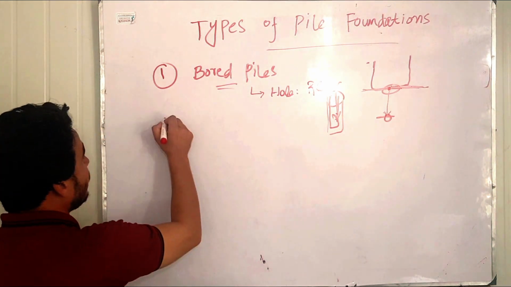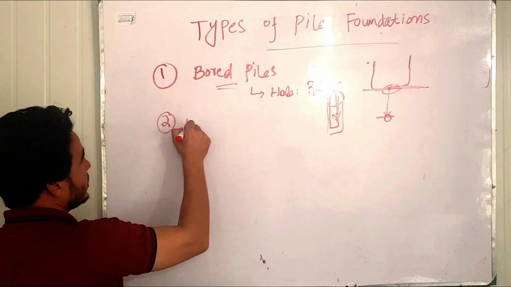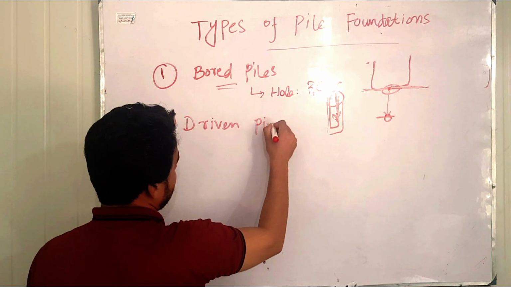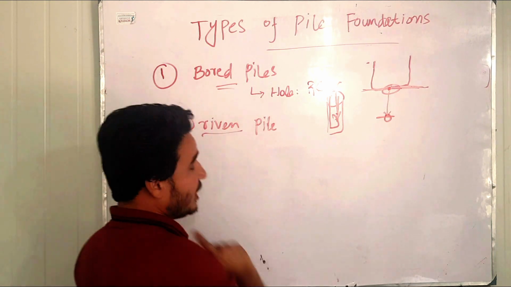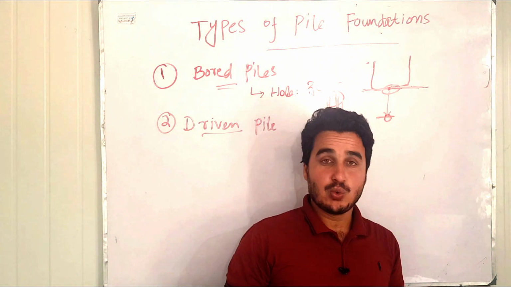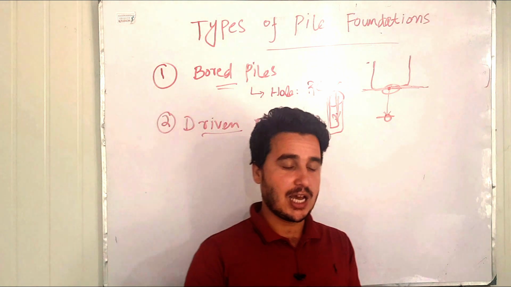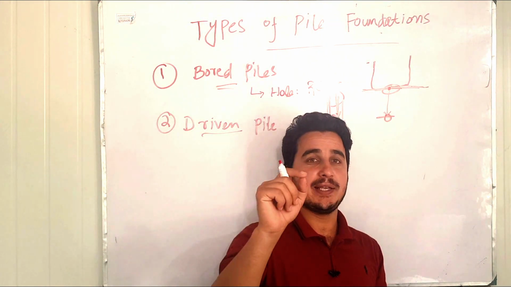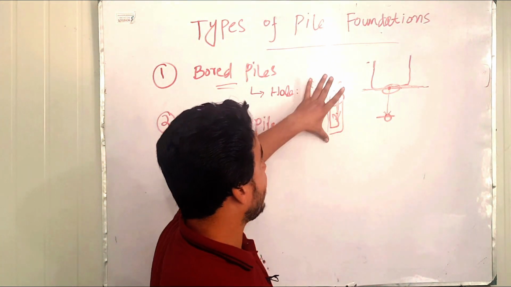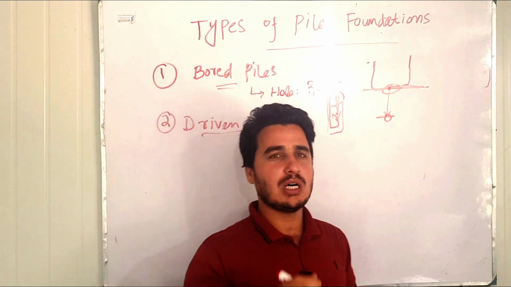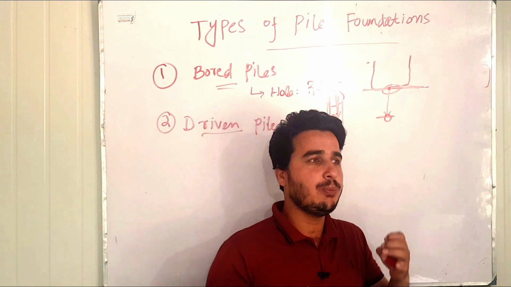The number second one is the driven pile. Now, why are driven piles used? Driven piles are used where you have no space to prepare these piles at site. Although that is a reason, there are many other reasons as well.